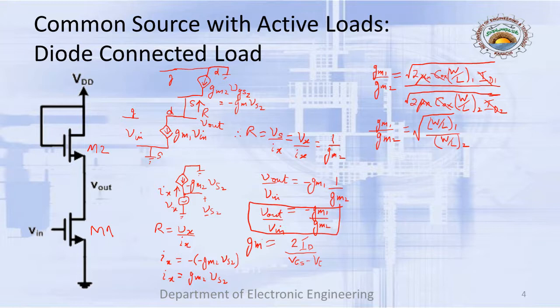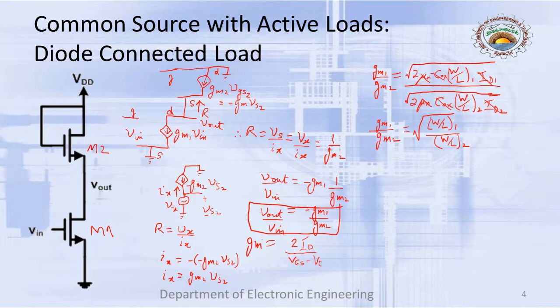So at the drain of the transistor, the resistance we have is in fact equal to 1 over gm2. Therefore, we can say that the total gain of the circuit is minus gm1 over gm2. So, as we used to practice on boards as well, Vout over Vin is equal to minus gm1 over gm2. This is the gain of the circuit.